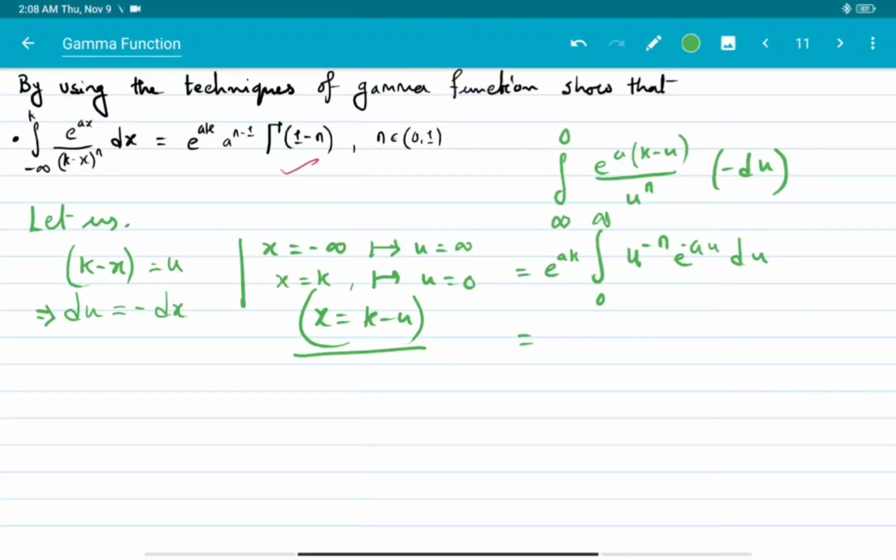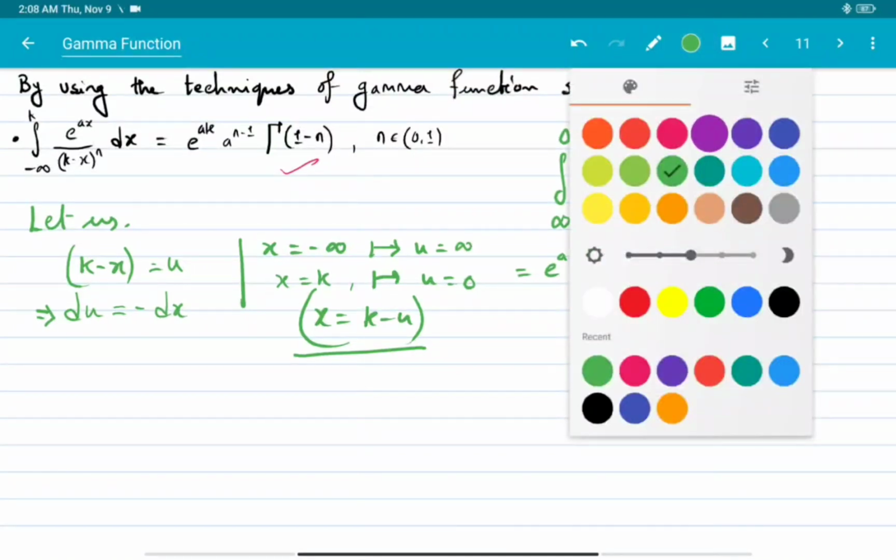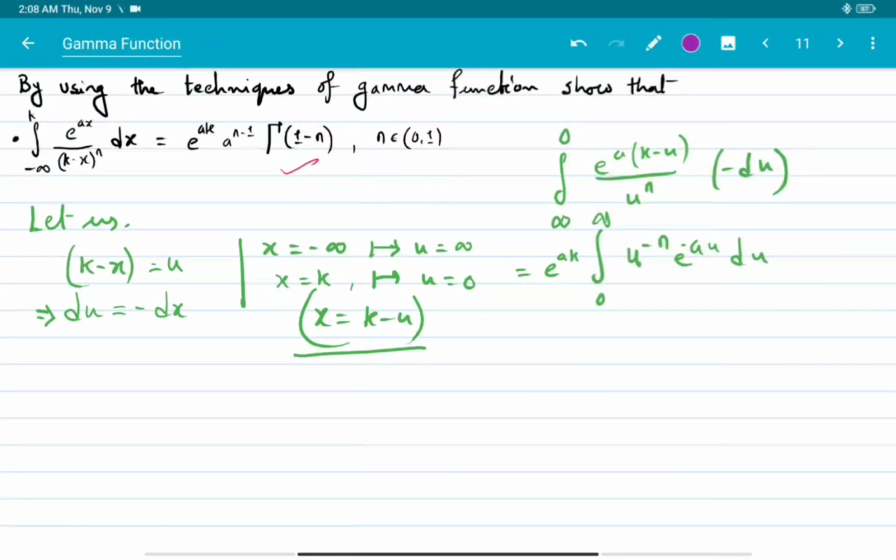So we can do another substitution here. Let t equal au, and dt equals a times du. The limits in this case will be unchanged.